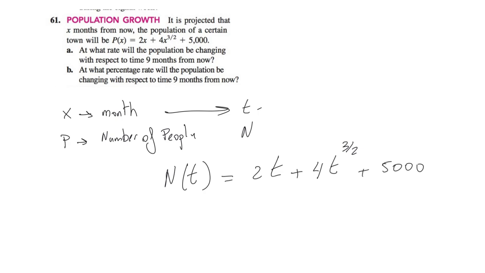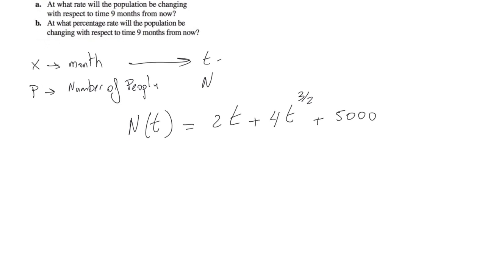The problem is asking you after 9 months, after T equal 9, what is the slope? What is the population doing? Is it increasing? Is it maintained stable? Or is it decreasing? If maintained stable, it means that the slope is 0. If increasing, it means that the slope is positive. If decreasing, it means that the slope is negative.